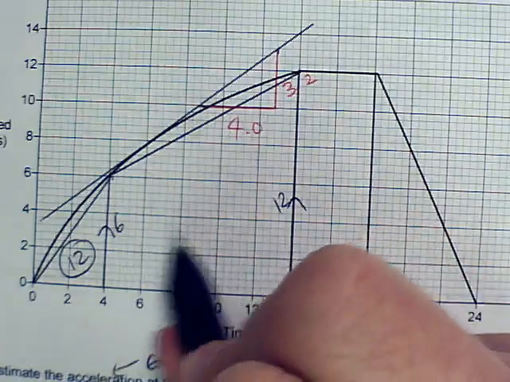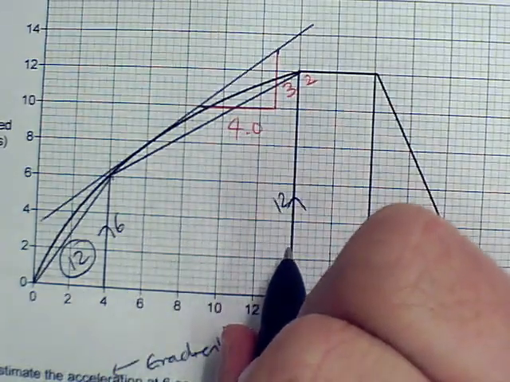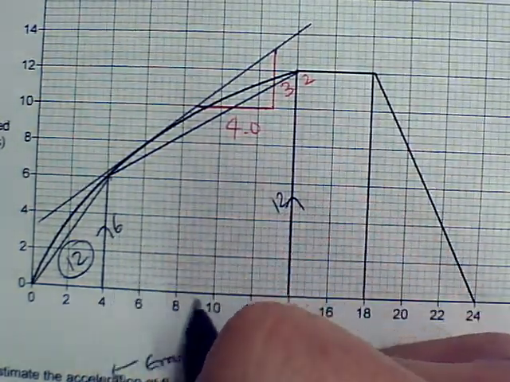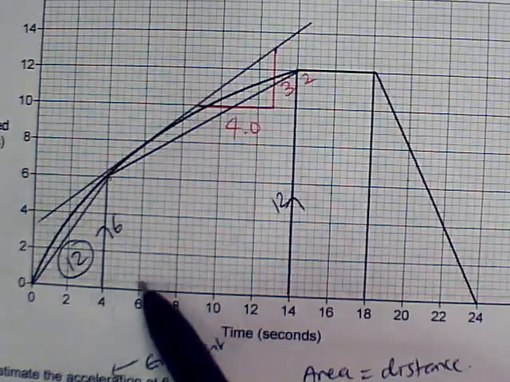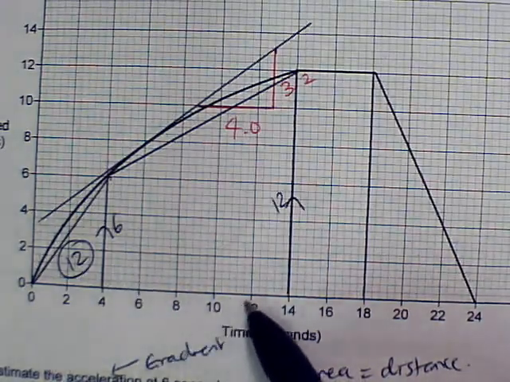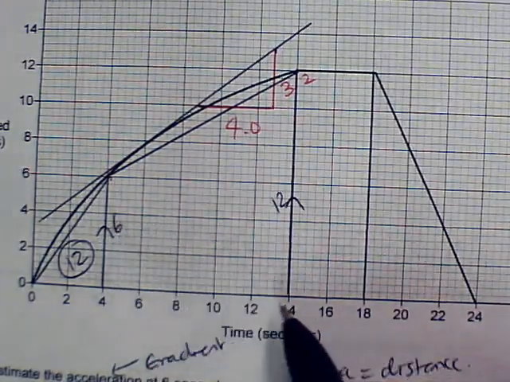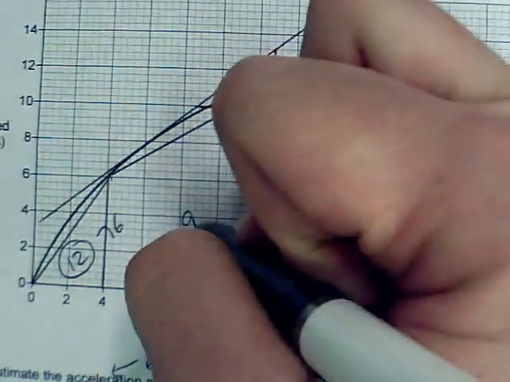The sum of the parallel sides is 18. Half the sum of the parallel sides is half of 18, which is 9. And then you need to multiply it by the distance between them, which is this distance. So 2, 4, 6, 8, 10. So I'm doing 9 times 10, which is 90.